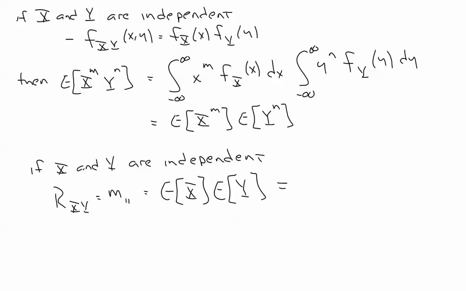That's just going to be the product of means. All right? If x and y are statistically independent, then the correlation is just the product of means. That is also a result we're going to use a little bit later on. So hang on to that for now.